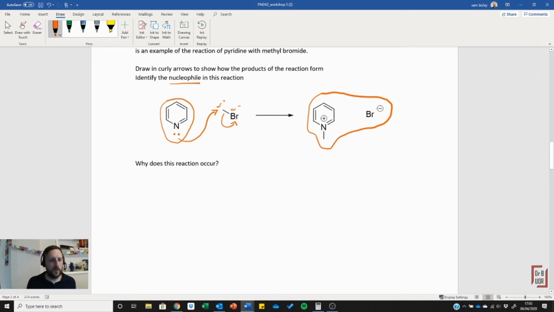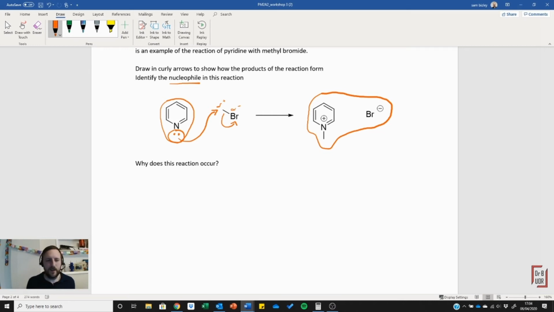So we want to look at why this reaction occurs, and the key factor here is that we have our lone pair on our nitrogen. If this lone pair was included or needed in the ring structure, obviously this isn't real because that would never happen, but if it was, it wouldn't be free to bond with our methyl group. Okay, so it's important that we remember that.